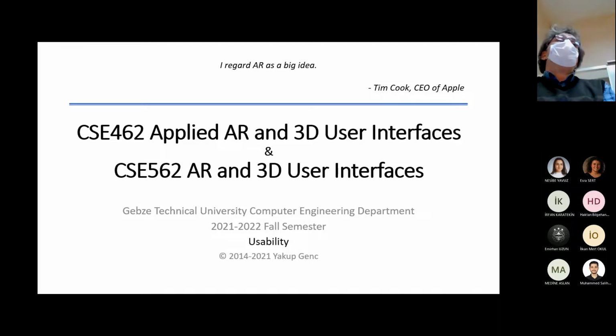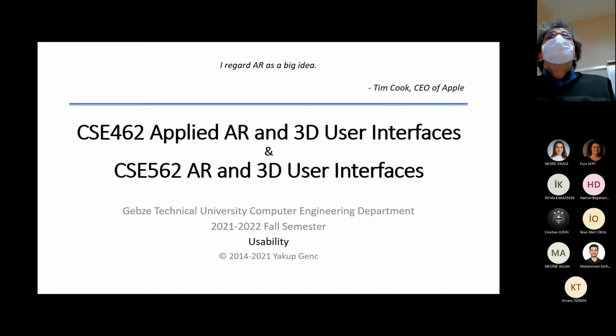At the end of the day, we are going to build a system, be it a head-mounted display-based system, meaning some sort of optical see-through, or a handheld device like a tablet with video see-through technology.